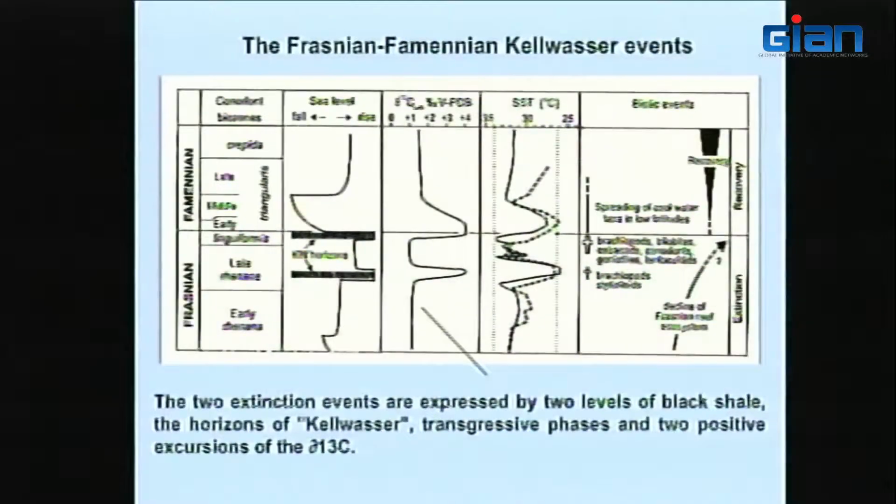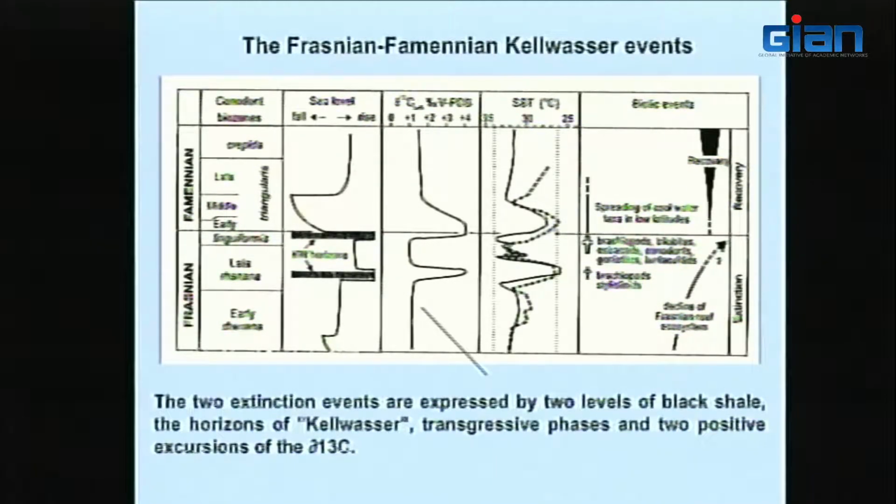It's not the case here, but here's the interesting thing. You can see that we have 2 horizons, and these horizons are marked by some geochemical markers, isotopes that we use here. In fact, these isotopes are quite easy to understand. These are the delta C13 measured on some animals' carbonate shells, and you can see here that during this time they are increasing.